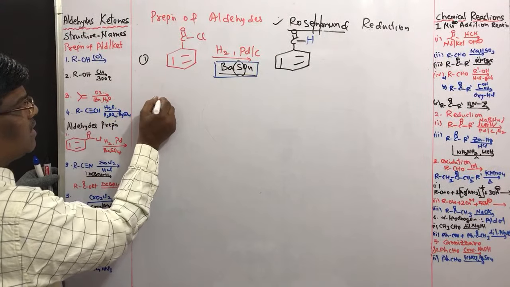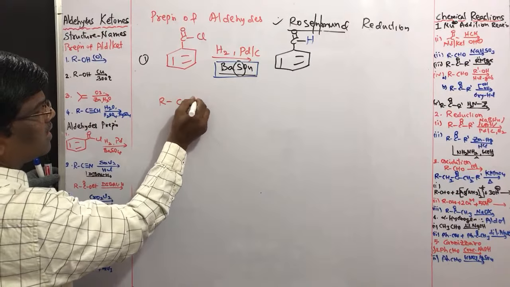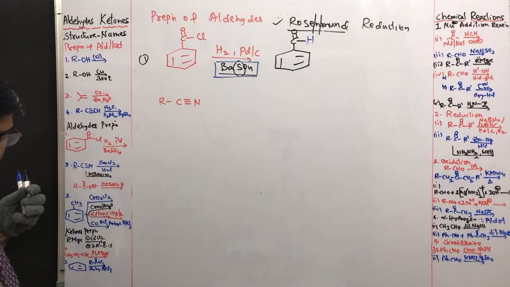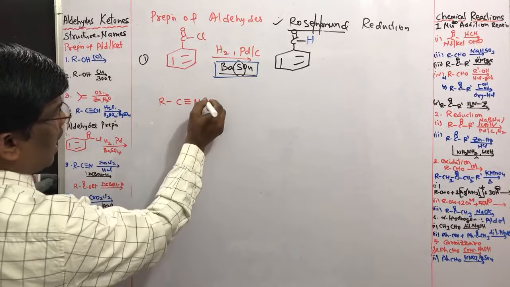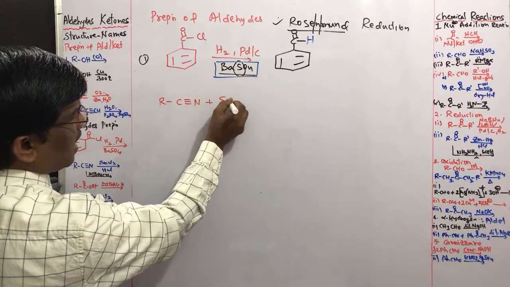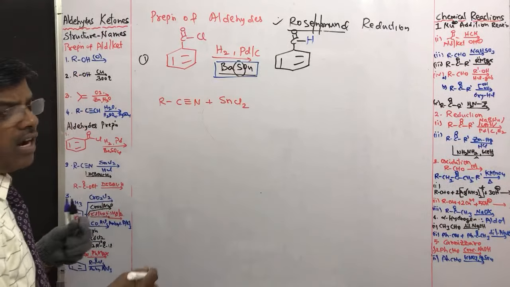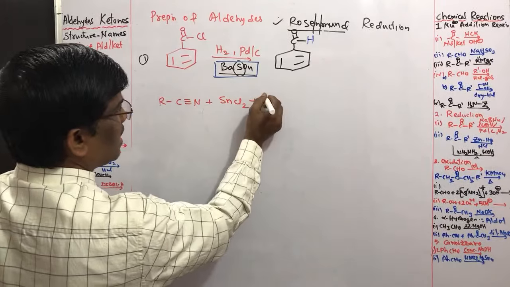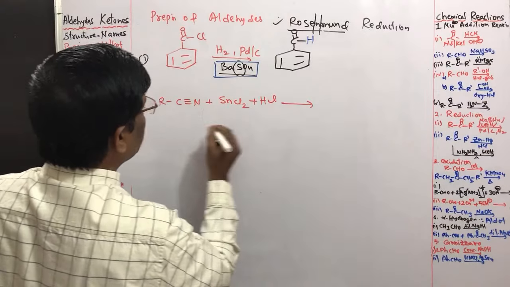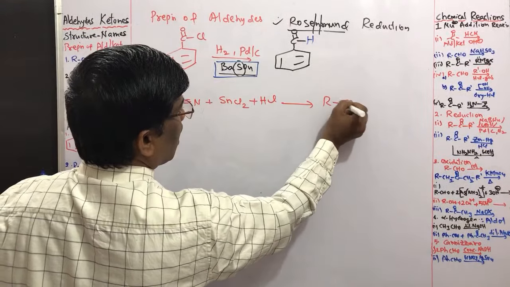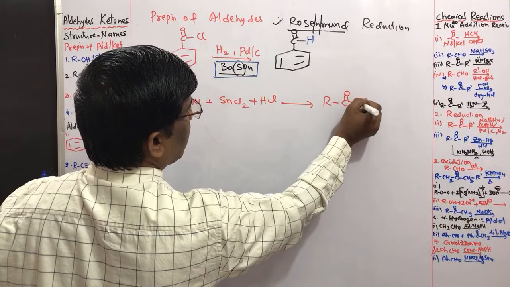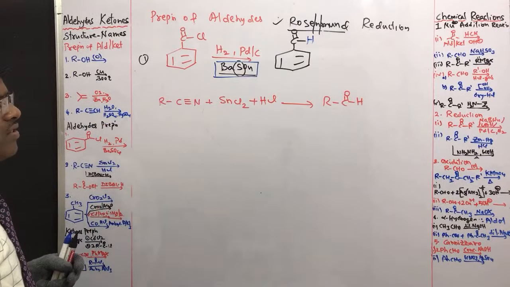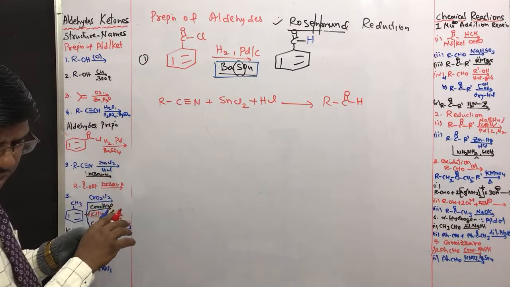Let us take a nitrile, and when I treat it with stannous chloride, tin dichloride, SnCl2 in presence of HCl, I am going to get aldehyde. Yes, students. So let us take one example and see.